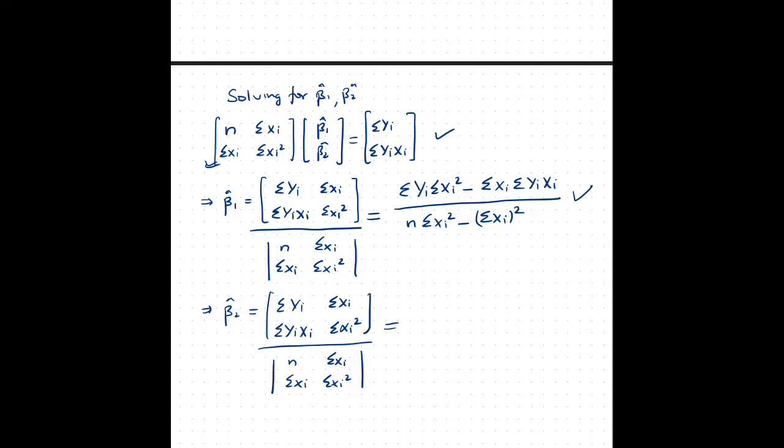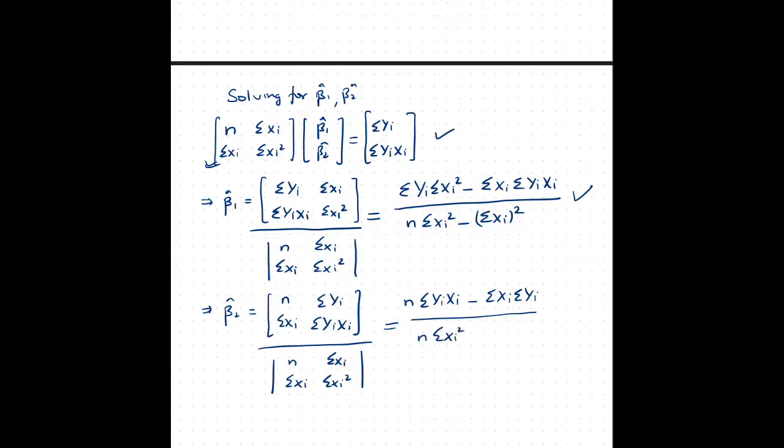Now this is equal to n summation yi xi minus summation xi summation yi, divided by n summation xi square minus summation xi whole square. Now this is the value of beta 2 hat.